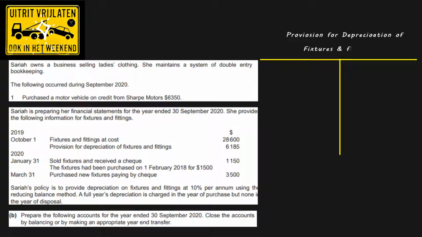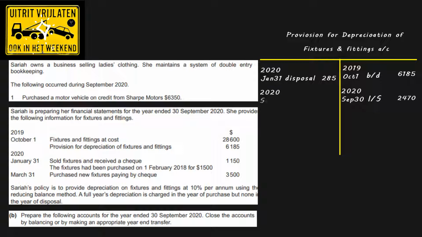Now let's look at the provision account. So the provision for depreciation of fixtures account would look like this, where you have your balance brought down on your credit side, which is 6,185. Then during the year you sent off on January 31st disposal worth 285, and in the income statement you will record 2,470, that is your depreciation charge for the year.